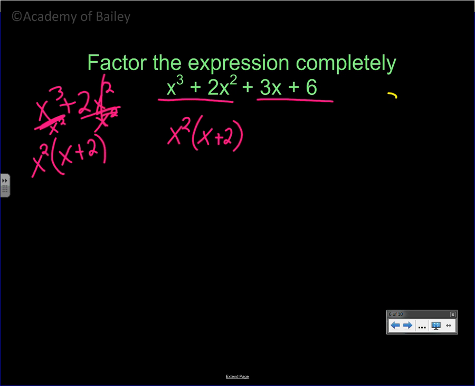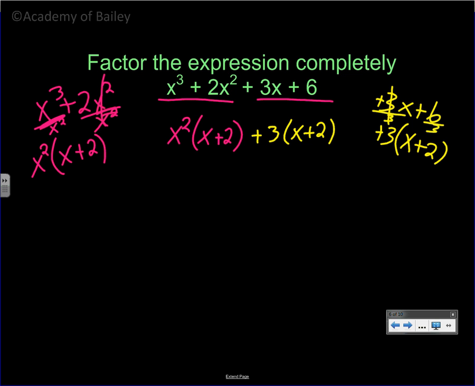And what comes out of 3x plus 6? Well, I think positive 3 does. So if we divide that by 3, those cancel, and you're left with x. Divide 6 by 3, and you get a positive 2. This is a grouping. You're going to factor this by grouping.